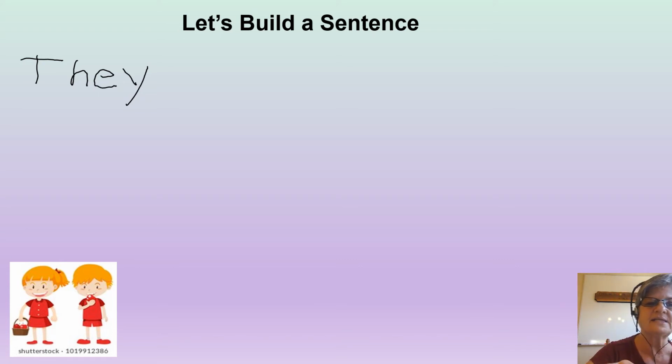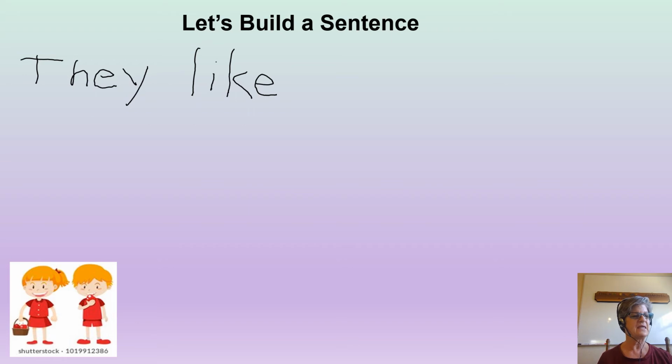So leave space, and you're going to write a lowercase l, lowercase i, lowercase k, and lowercase e, like. Now you do the same, please, but make sure you've left space between the word they and like. L-I-K-E, and I will wait.